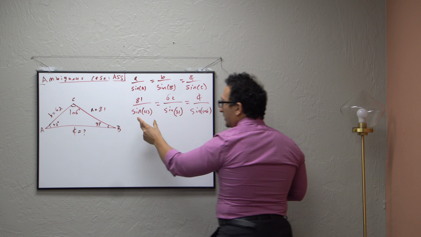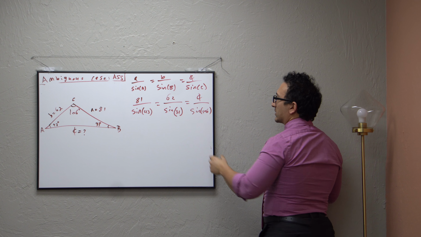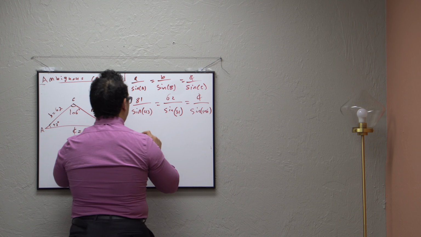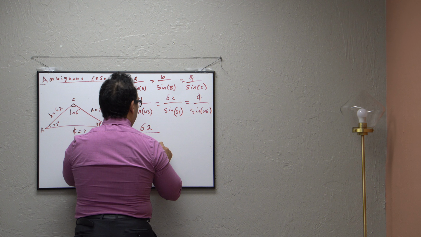And so we could use either this expression or this expression. Either way, we will be able to set ourselves up to algebraically solve for little c and complete the problem here.